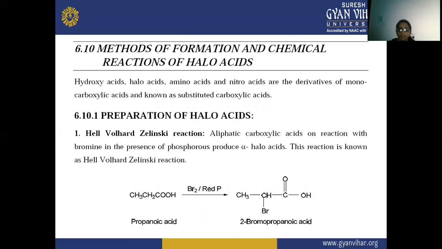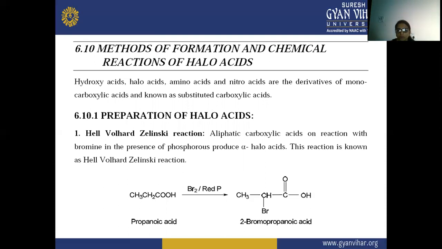Next is the method of preparation and chemical reactions of halo acids. So how these halo acids are prepared and what type of reactions they show. The hydroxy acids, halo acids, amino acids, and nitro acids are the derivatives of monocarboxylic acid and are known as substituted carboxylic acids.